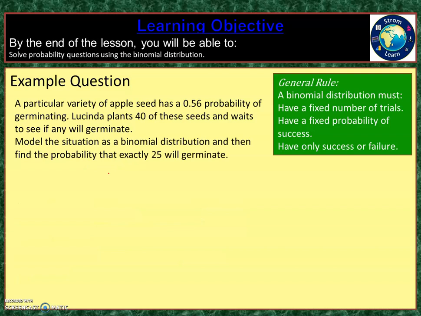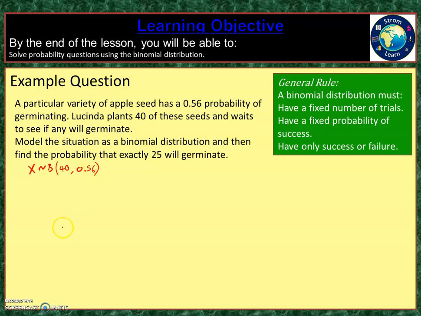So now we're going to actually do some calculations, and this is where the binomial expansion comes in. A particular variety of apple seed has a 0.56 probability of germinating. Lucinda plants 40 of these seeds and waits to see if any will germinate. So the same information we looked at a moment ago. And we said that that could be modelled as a binomial distribution with the parameters 40, 0.56.